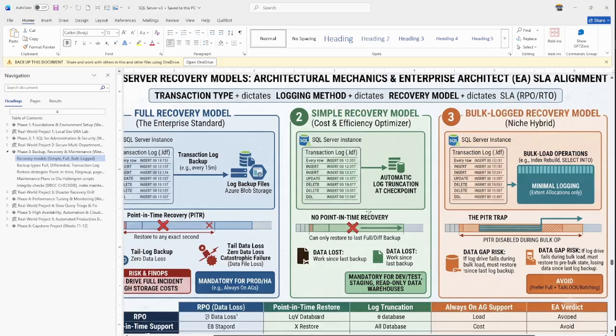There is no backup on Saturday. That is what happens in the simple recovery model. Why do you do this? Because this is for development, test and staging, and read-only data warehouses. That is why you do it.